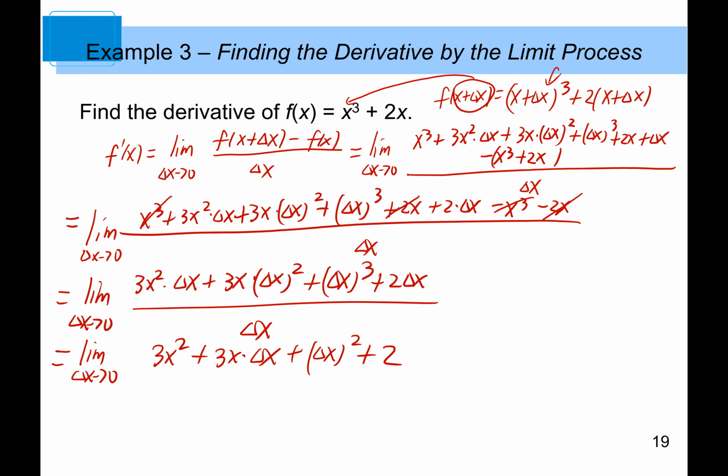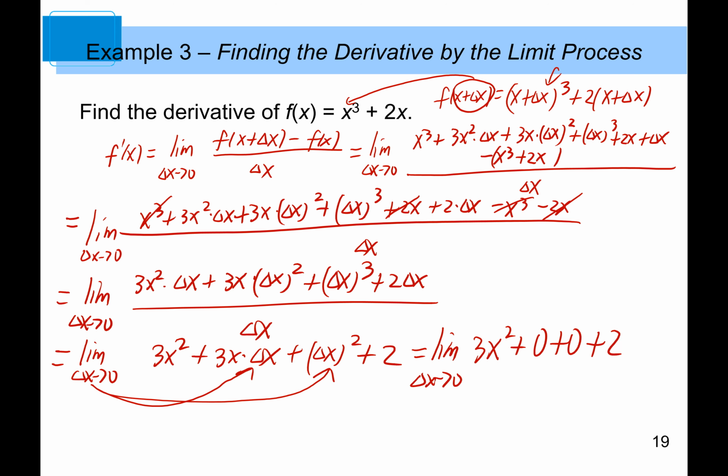Now when delta x approaches 0, we replace delta x with 0. So we end up with the limit as delta x approaches 0 of 3x squared plus 0 plus 0 plus 2.